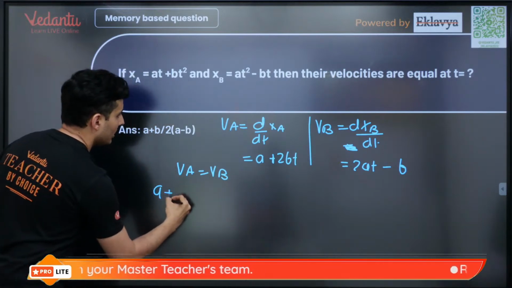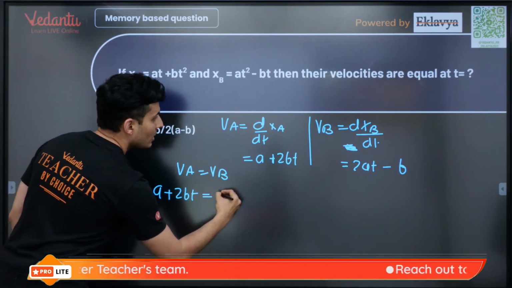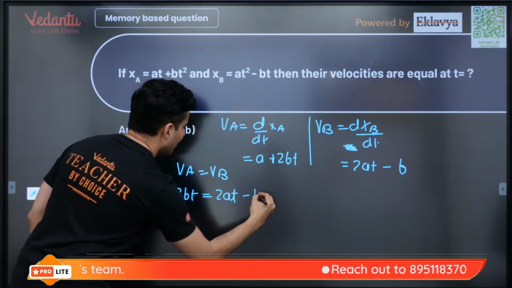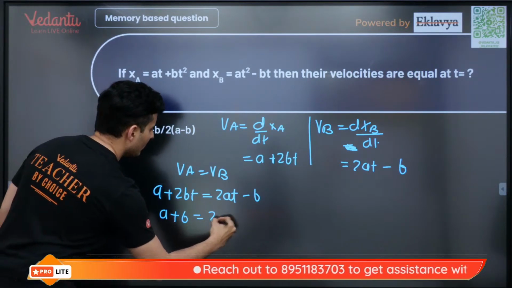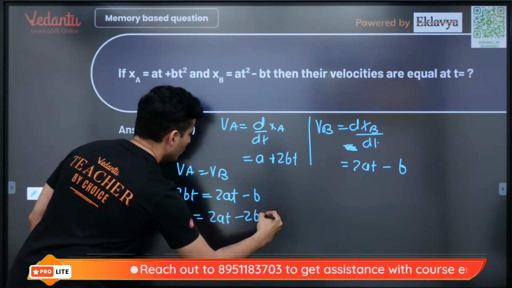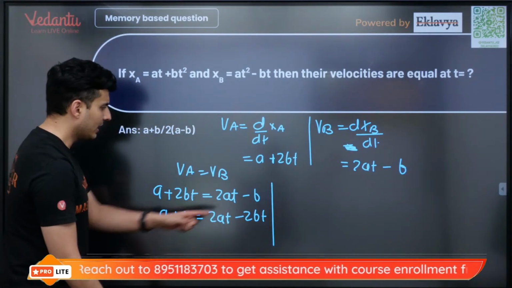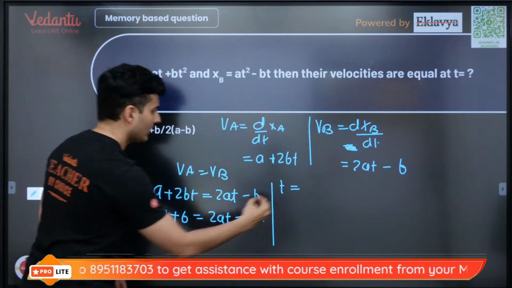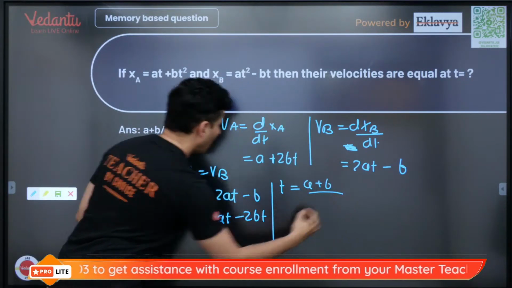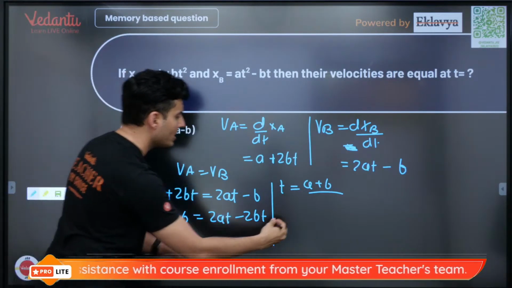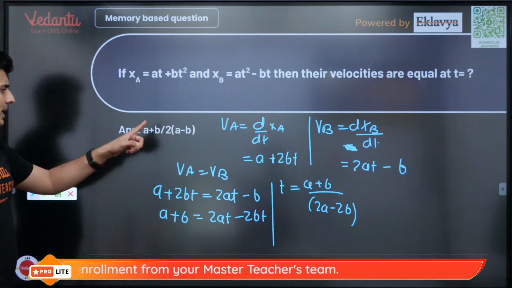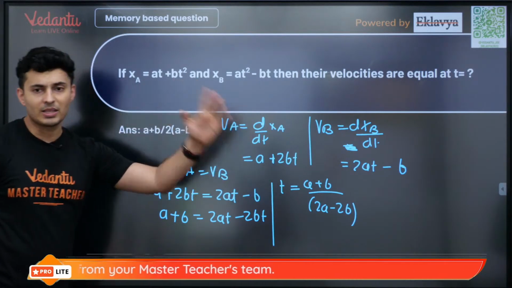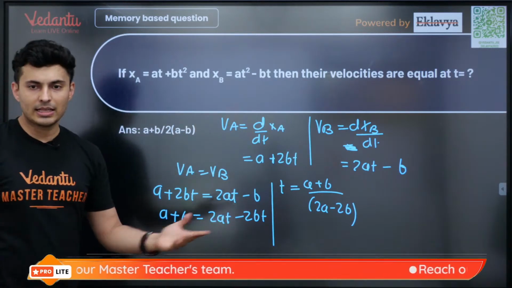That means A plus 2BT is equal to 2AT minus B. Bringing similar terms on one side, A plus B is equal to 2AT minus 2BT. Taking T common, T will be A plus B upon 2A minus 2B. Hence this should be the answer: A plus B upon 2 into A minus B. Yes, that's it.